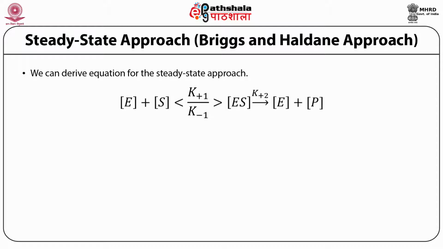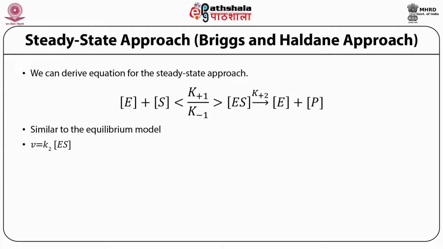Therefore, there is a steady state of ES concentration. Similar to the equilibrium model, it is known that the velocity of the reaction depends on two things. The first is the concentration of ES complex. The second is the rate constant that converts ES complex into the product. The equation is V equals K2 into ES.